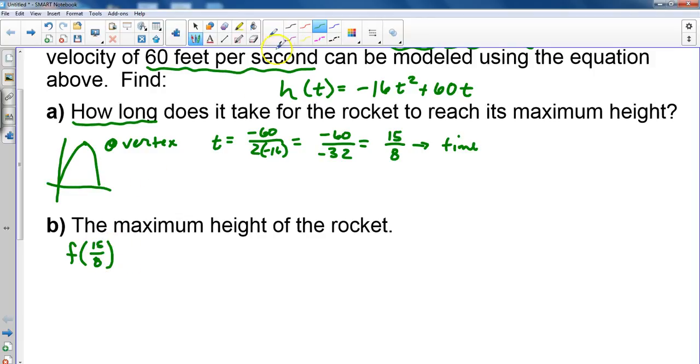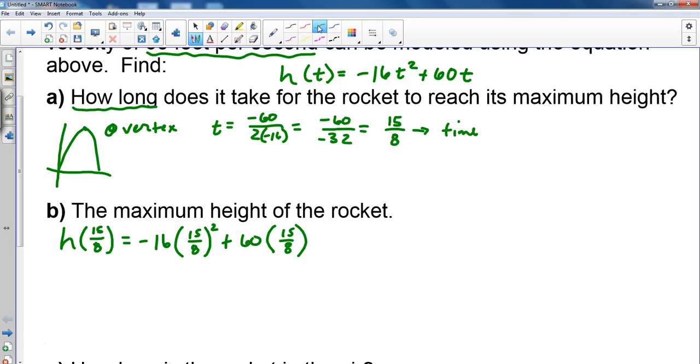So we're trying to find h of 15 over 8. We're going to get negative 16 times 15 over 8 squared plus 60 times 15 over 8, and we're going to simplify that.